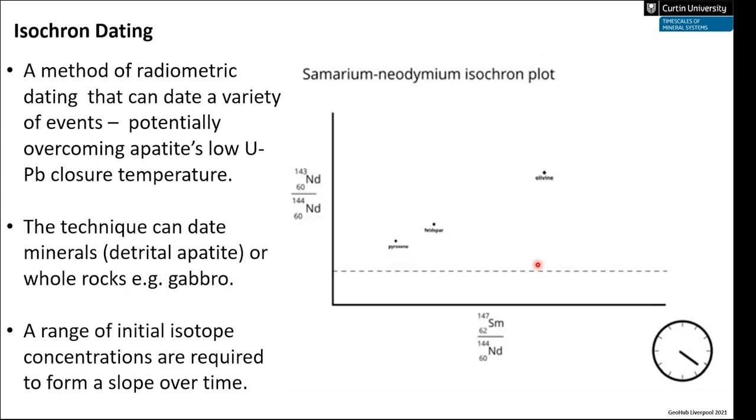And obviously through time, the greater the initial concentration of parent, the greater the concentration of radiogenic daughter product will be. So you form a sloped isochron. It's also important to consider that this approach will only work if they're cogenetic. In other words, if they're from the same magmatic system. And so we get the age from the interception on the y-axis.